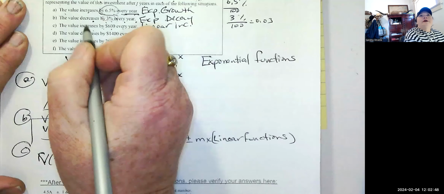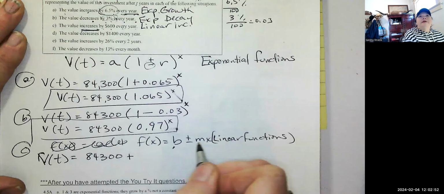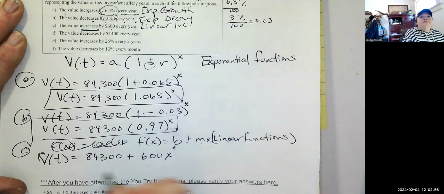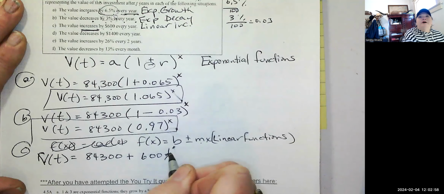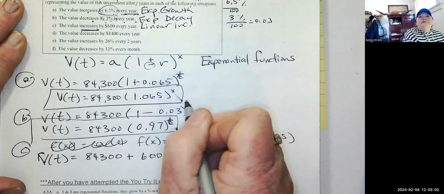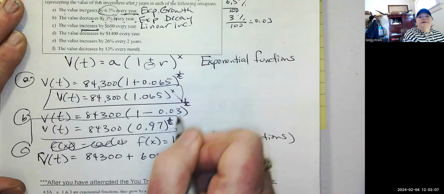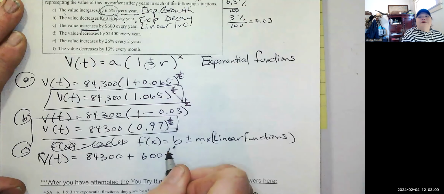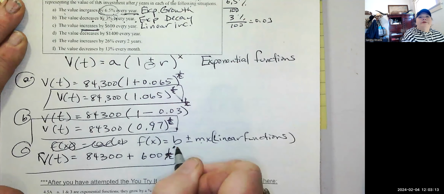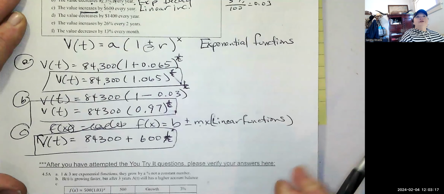And we are increasing, so it's plus, and then it's increasing by 600 per year. And that should be a t. Oh, this should be a t as well. These should all be t's. Okay, t, t, t, and t. That's the problem with doing that. But this is not an exponent. This is down here with the 600. So there is my linear function for C.